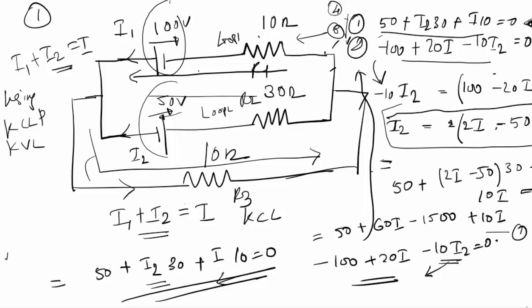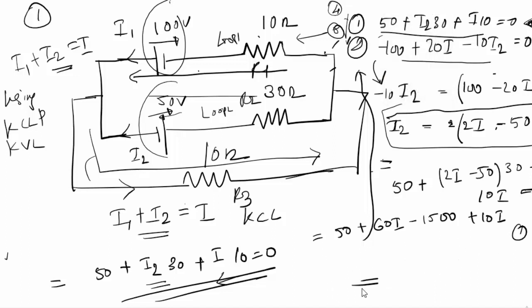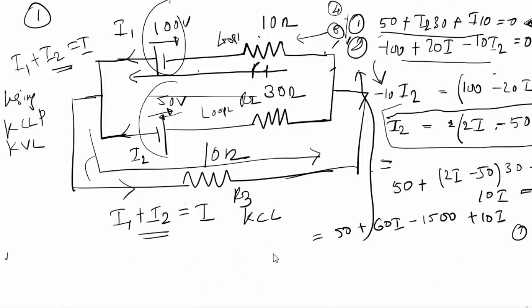So to solve that further, what you get is something like minus 1450 plus 70I equal to 0.